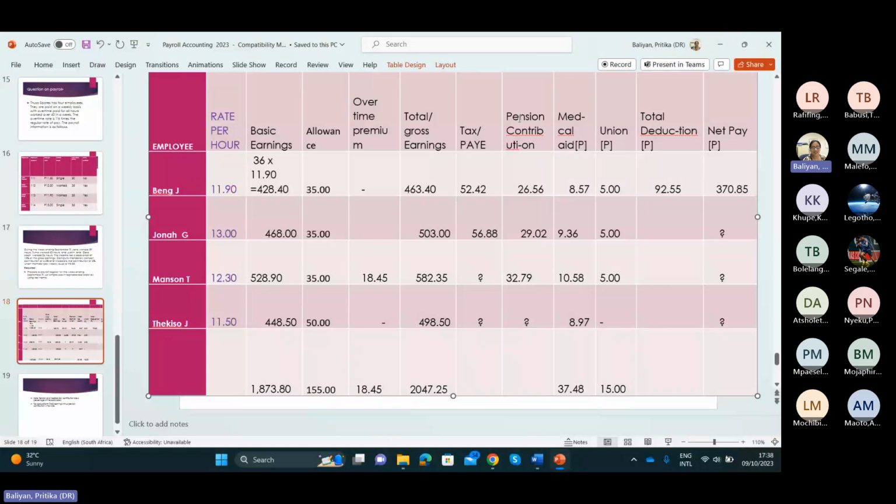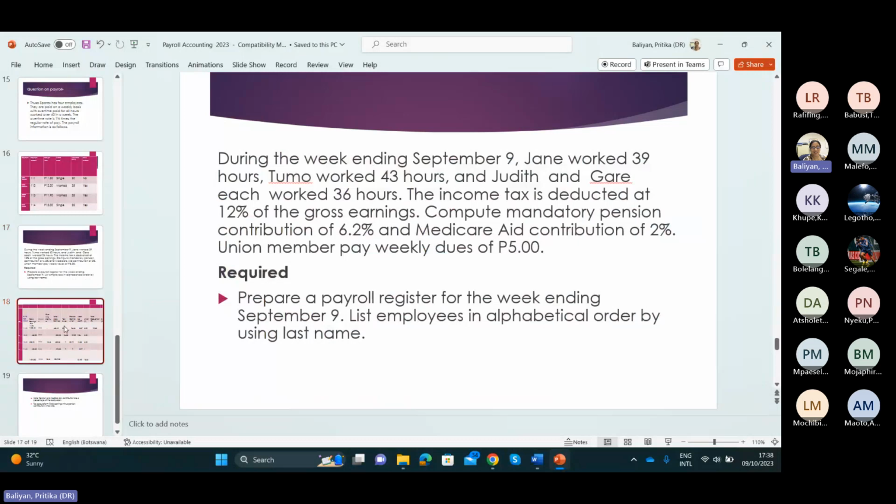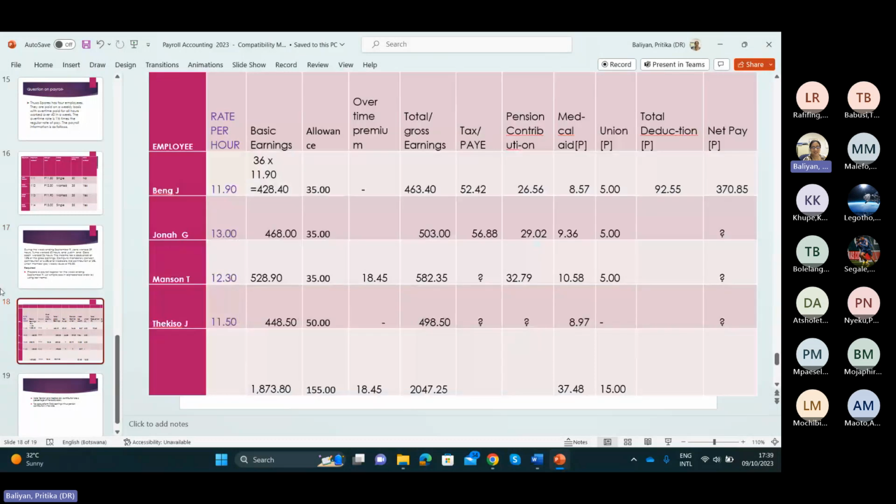Always remember the pension and medical aid, we always do on the basic earning, which is how much percentage? I think 2%. So 2% of the basic pay. The basic pay is 468 times 2, which gives you 9 pula 36 thebe.